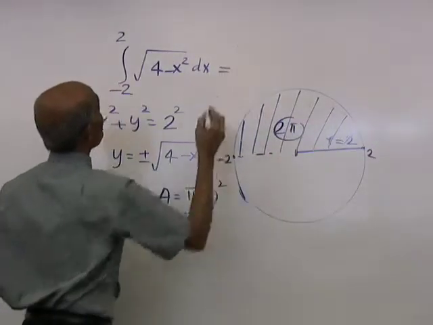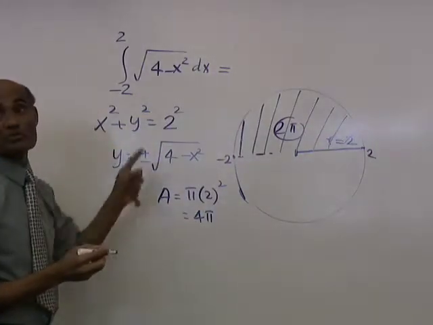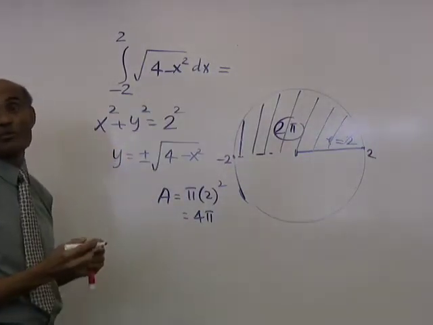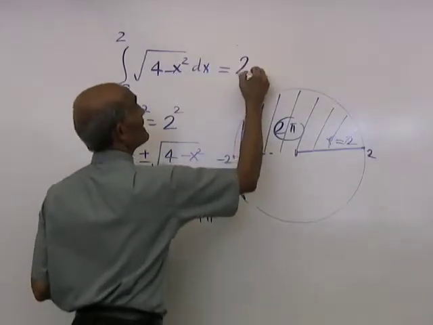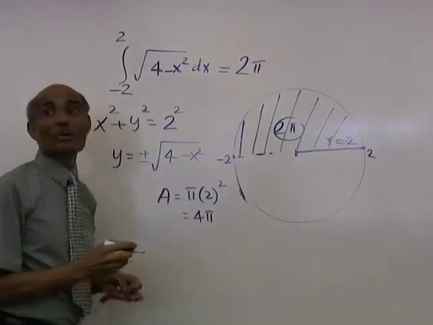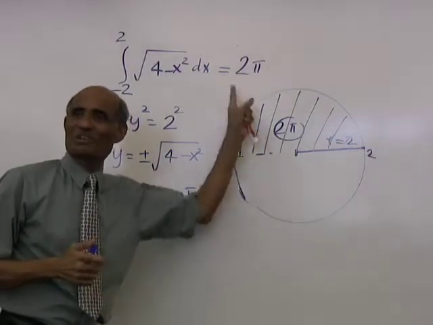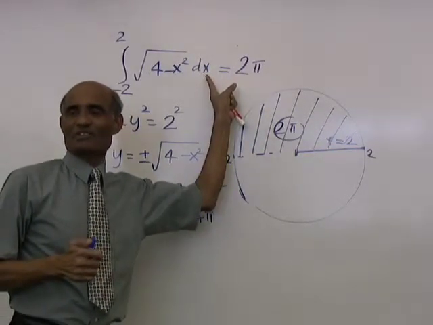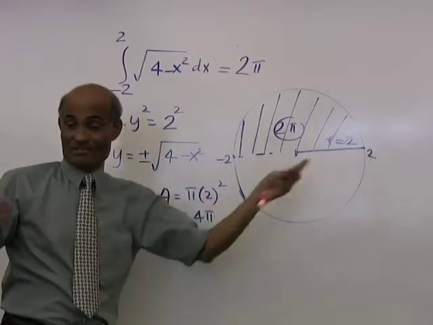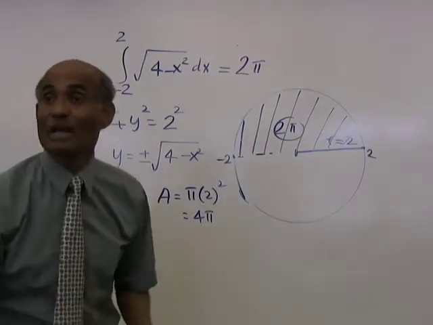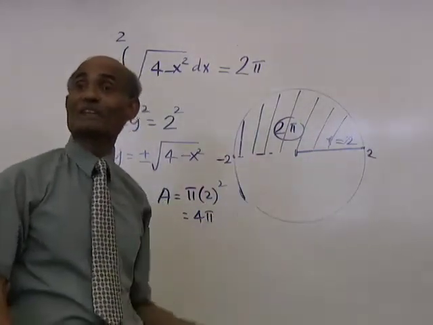And so, integral negative 2 to 2 of square root 4 minus x squared is 2 pi. We visualized it by looking at the geometrical interpretation of the graph of this function. Is that right? That is a perfectly acceptable way of doing a definite integral.